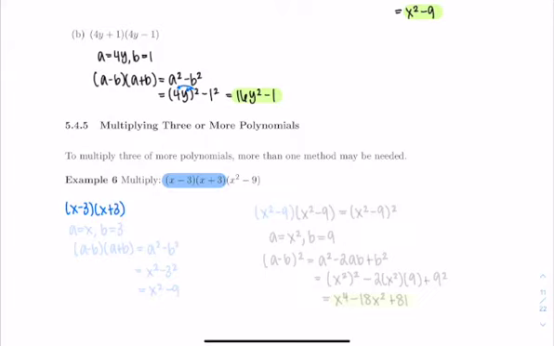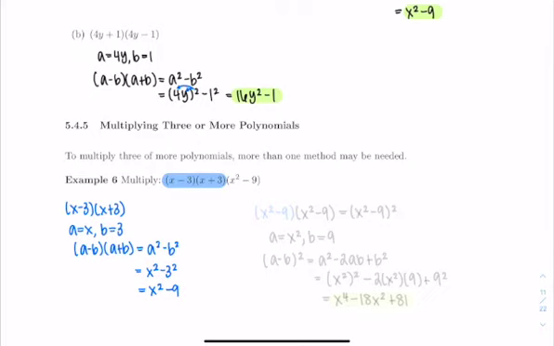And so in this case, your a is x and your b is 3. And so a minus b times a plus b gives you a squared minus b squared. But that's x squared minus 3 squared, or x squared minus 9.